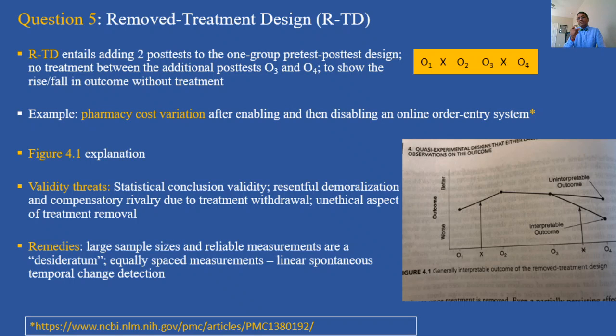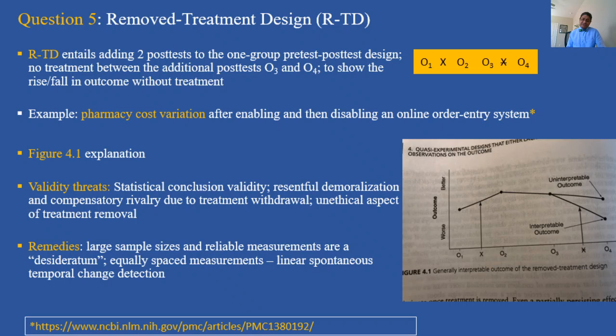Because that treatment is not given, the anticipated effect is the O4 level that is seen as the interpretable outcome. So that will be much lower than O3 because no treatment was given. So the treatment effect wears off further and it goes towards the worse.